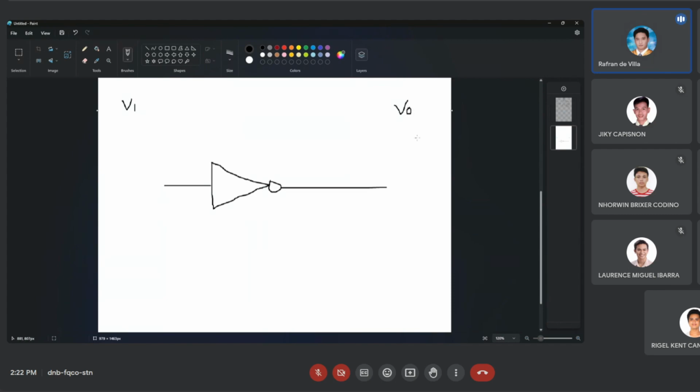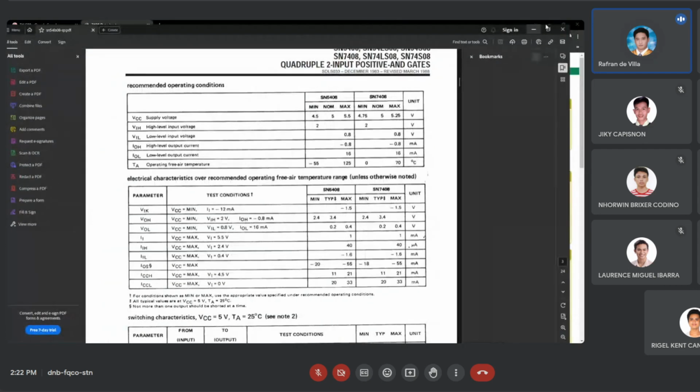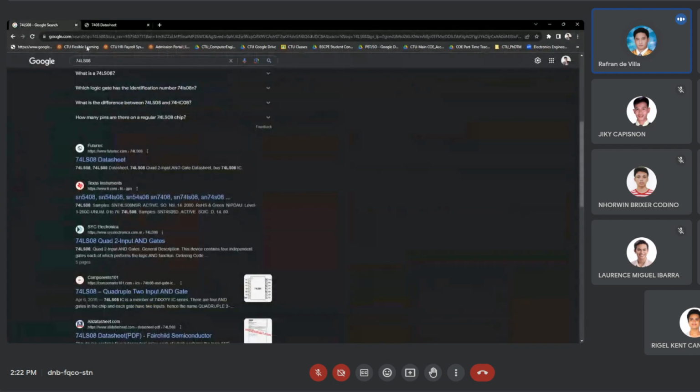Obviously, voltage output is seen on the output side of the logic gate, and voltage input is seen on the input side of the logic gate. Let's try to search for 7404 so we can look at its data.